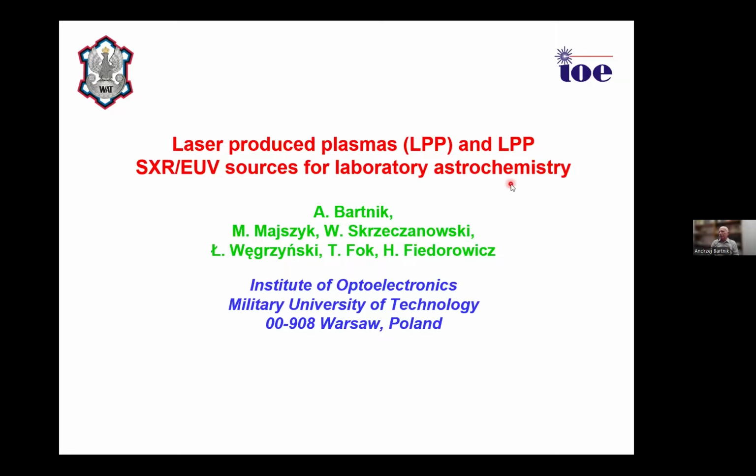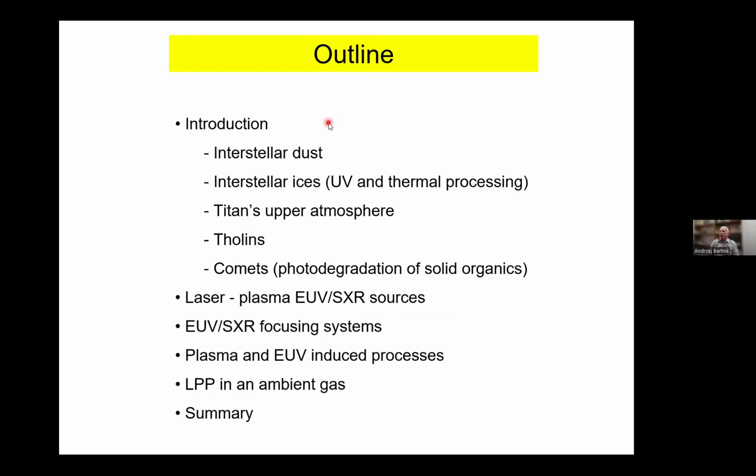And then I will present our installations, our sources, and I will show some experiments that were performed in our group that indicate some possibilities of using it for experiments concerning this laboratory astrochemistry, concerning interstellar dust, interstellar ices, Titan's upper atmosphere, formation of tholins, and some experiments concerning comet atmosphere, formation of comet atmospheres.